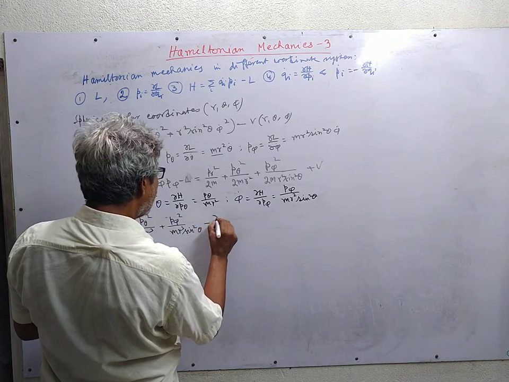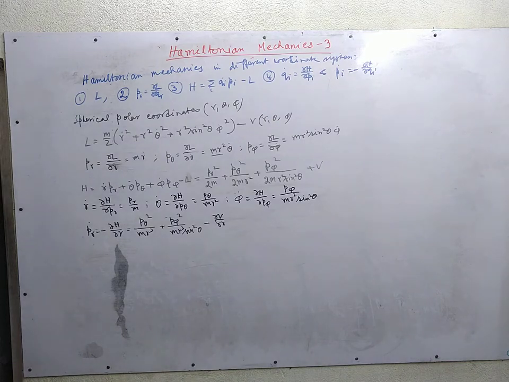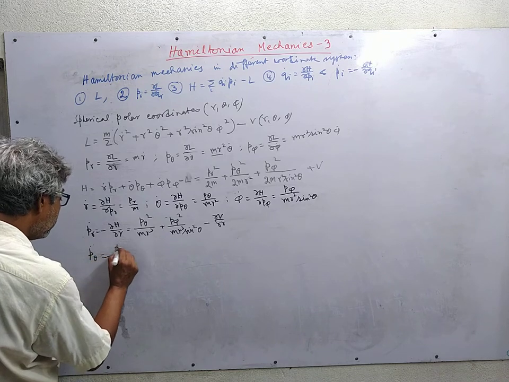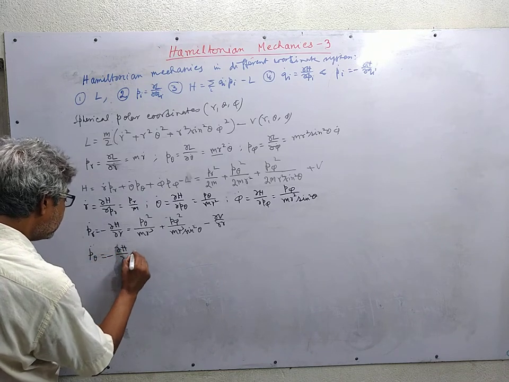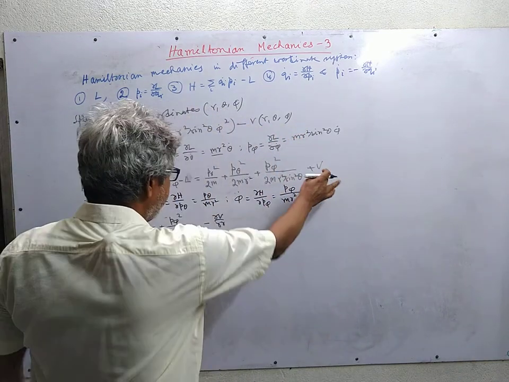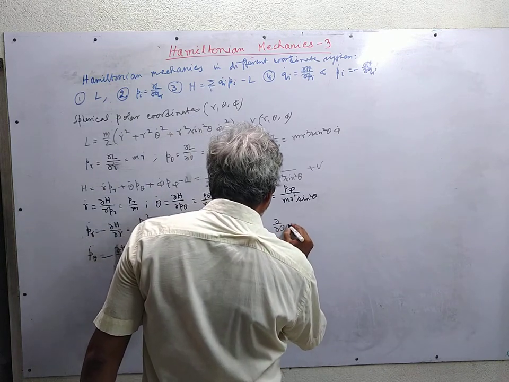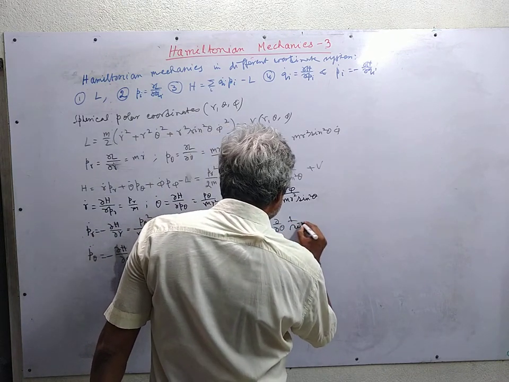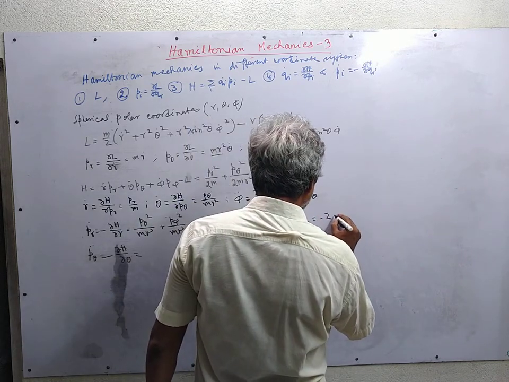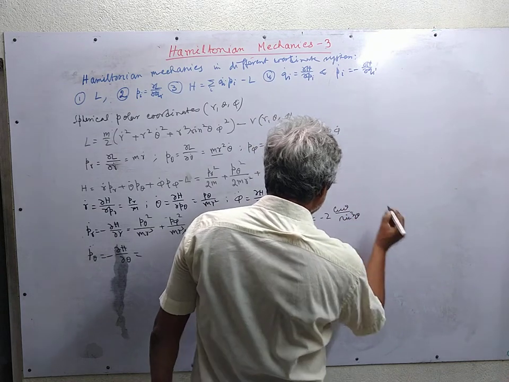Now coming to theta equation, p theta dot is minus del H del theta. There is theta dependence here and in V. So if we differentiate del theta of 1 upon sine square theta, this is minus 2 cos theta by sine cube theta.